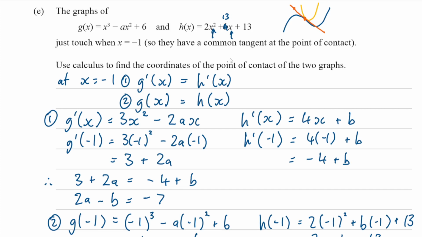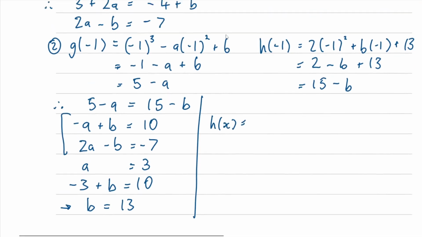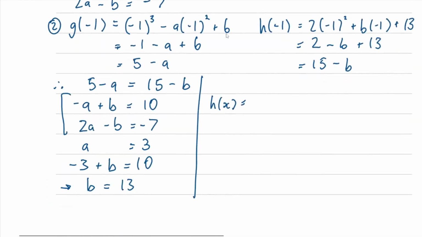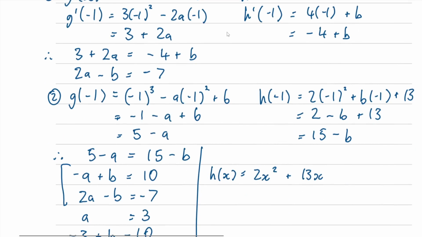So in for x will go negative 1, and we will work out the y value. So we have h of x was 2x squared plus bx, where b is 13, plus another 13, okay?